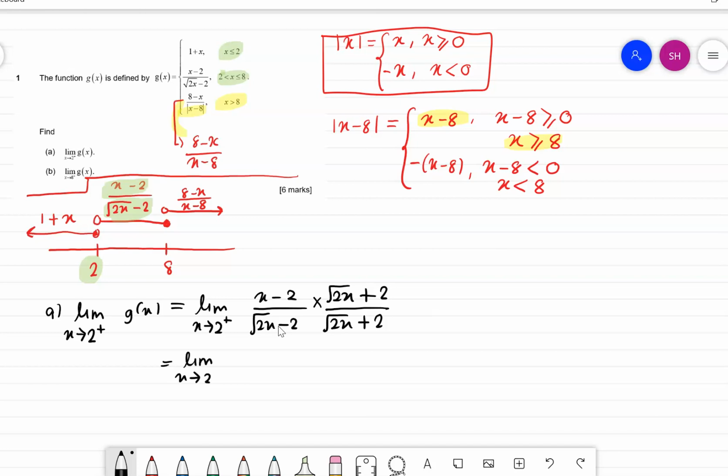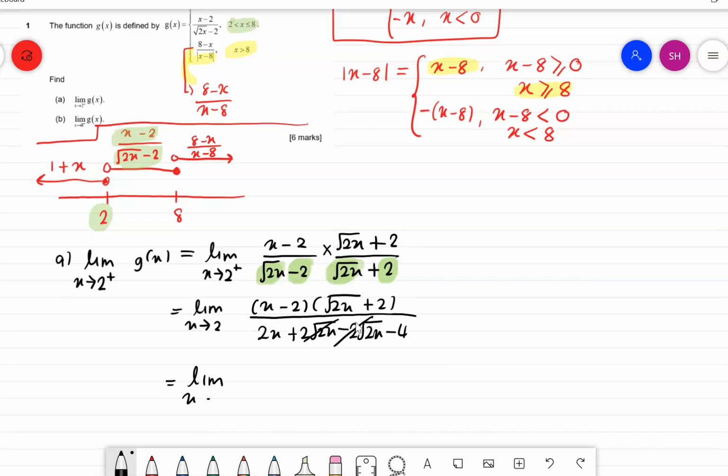The numerator we do not need to expand yet. We just expand the denominator with its conjugate. Square root of x times square root of x is x. Square root of x times 2 is 2 square root of x. Negative 2 times square root of x is negative 2 square root of x. Negative 2 times 2 is negative 4. This one can be cancelled.